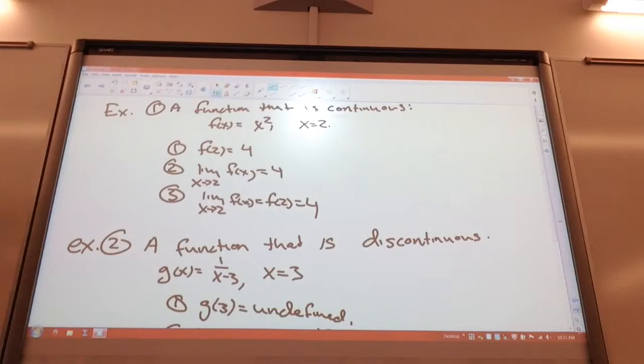So what does that mean? This function is continuous. It's met all three of the conditions we needed. Okay? Any problems with that? Give you guys a second to copy down the example.